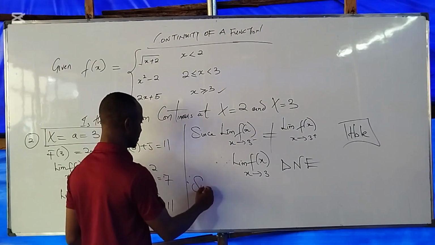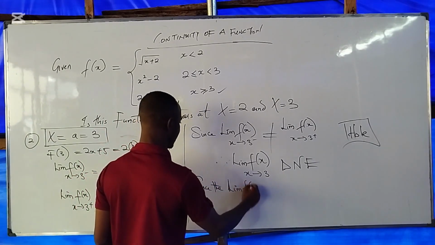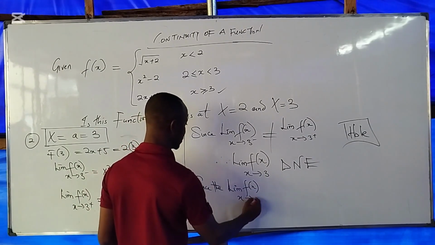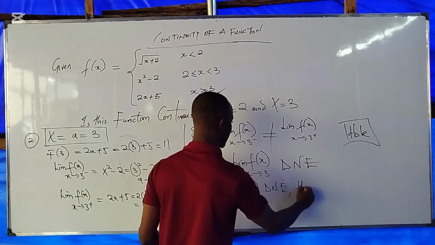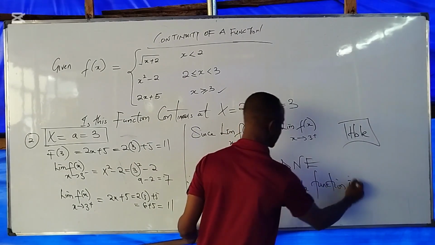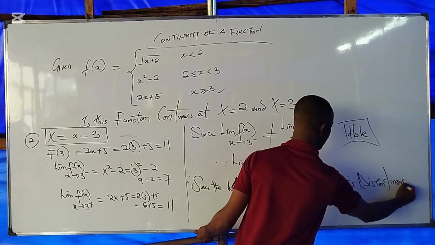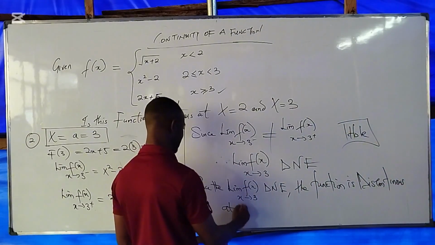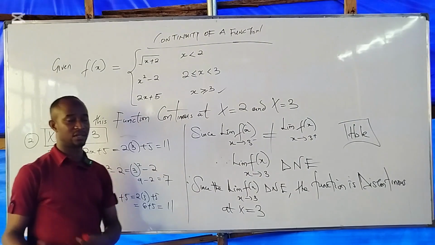And since the limit does not exist, the function is discontinuous at x equals 3. It simply means the function is discontinuous at x equals 3.